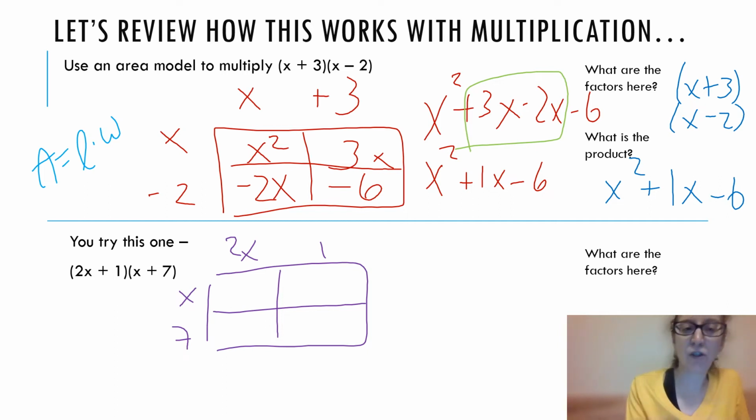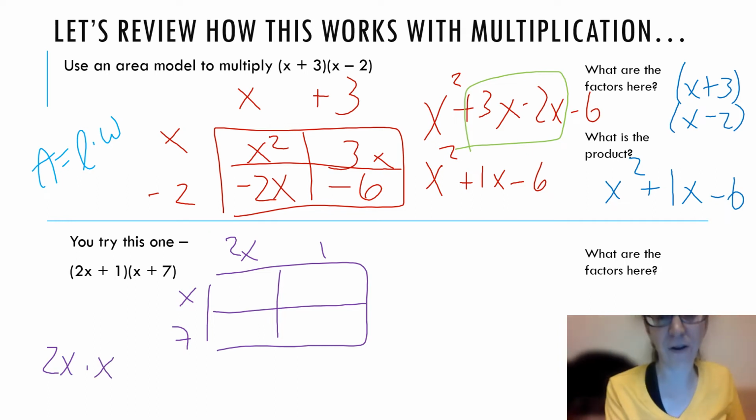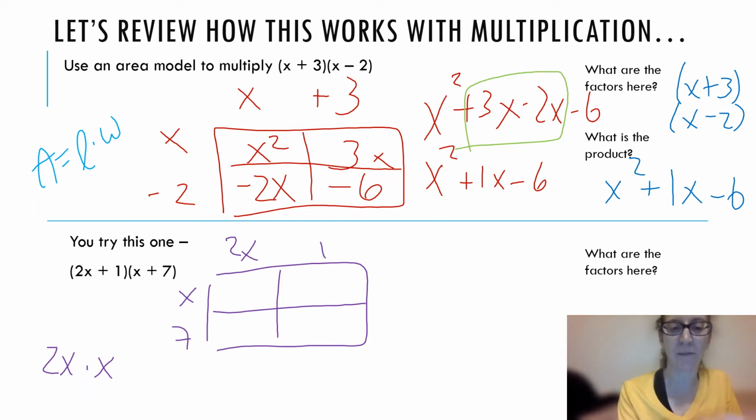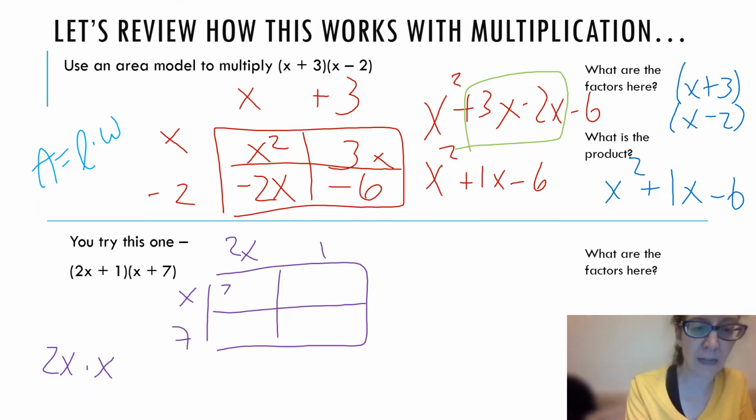So if you have 2x times x, I'm just doing a little scratch work there down on the lower left. x times x is x squared. So 2 times x squared gives me 2x squared. 1 times x is just x. 2x times 7 is 14x.